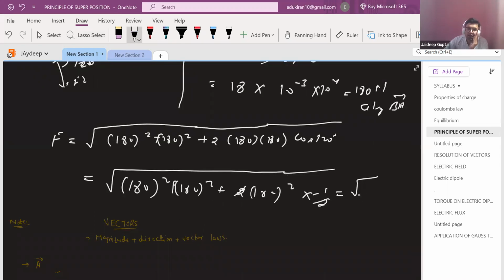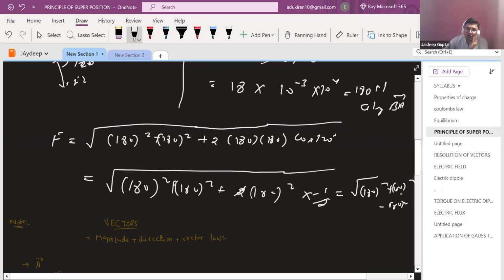It would be 180 square plus 180 square minus 180 square. These two will cancel out, 180 square will remain. So 180 newton, towards right.